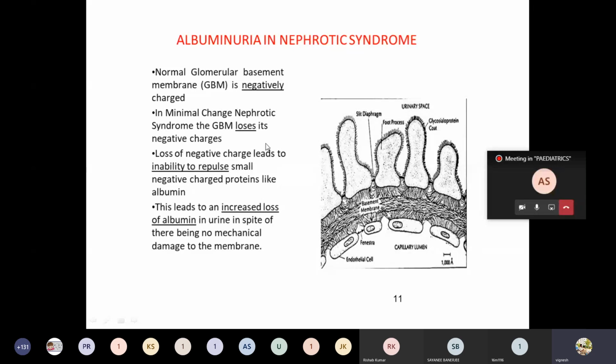The loss of negative charge leads to inability to prevent the leakage of protein. The leakage starts because albumins are negatively charged. As the disease progresses, there will be increased loss of albumin. If more than 3.5 grams per 24 hours is lost, that is nephrotic syndrome.